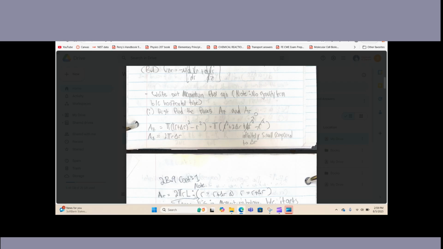So delta r squared, an infinitely small decimal squared, is going to be infinitely small, and that goes to 0 compared to 2 delta r. So just simplify. AZ simplifies into this, which also equals 2 pi r dr instead of delta. Delta and d are the same thing.